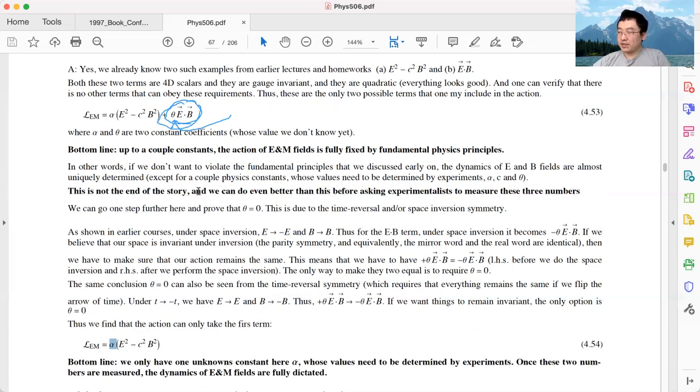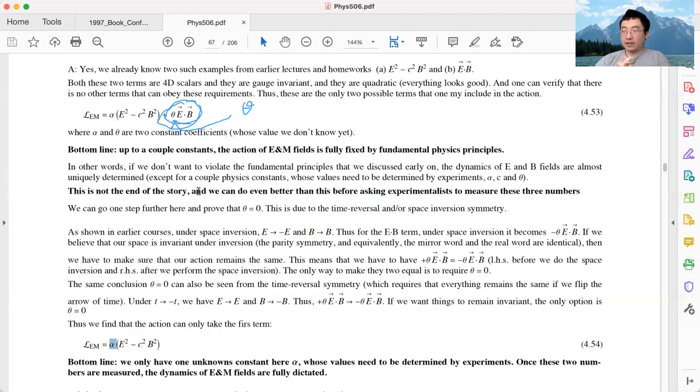There, theta in the axion field is actually a quantity that can vary. And the variation of that quantity describes the so-called axion particle, which is a candidate of dark matter. That axion particle is odd under space invariant and time reversal transformation, which means if we flip the direction of the arrow of time, the theta field changes sign, from plus theta to minus theta. That sign change cancels the sign change we have here. So that is why that term is allowed.